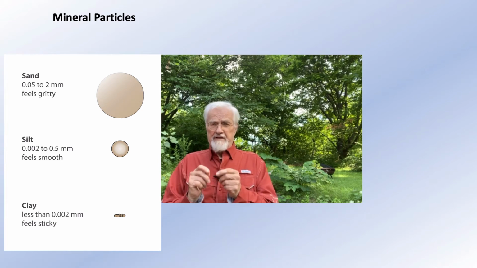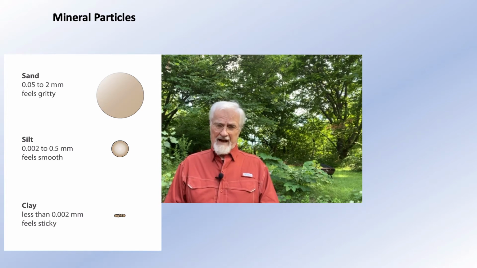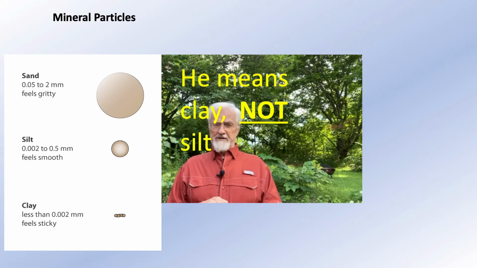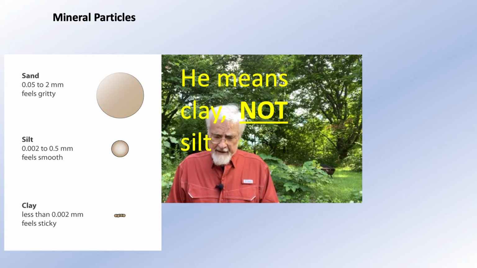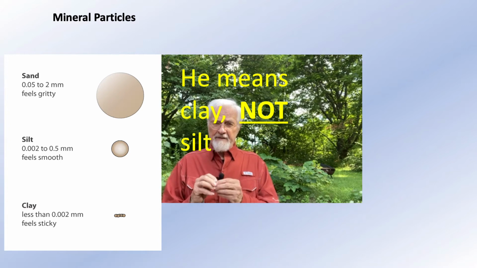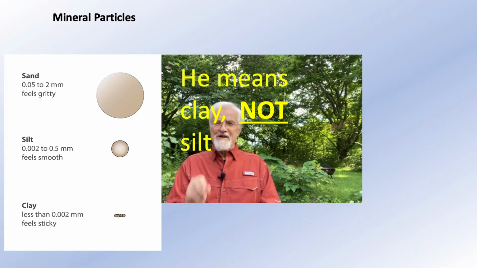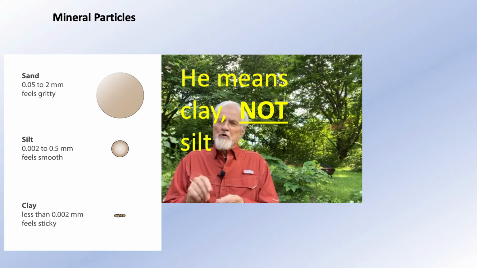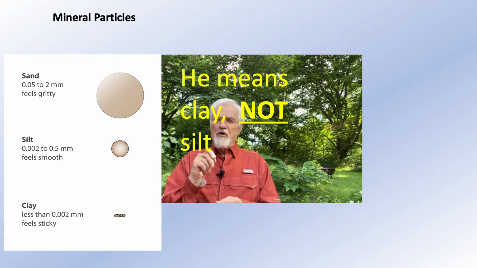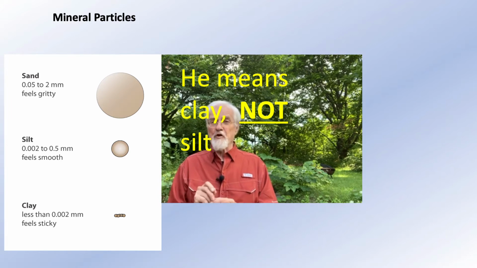Now we're concerned in this lecture with the last particle size. We're concerned with the clay. The clay is a very, very small particle size. Those are the colloidal particles that exist in the soil solution.